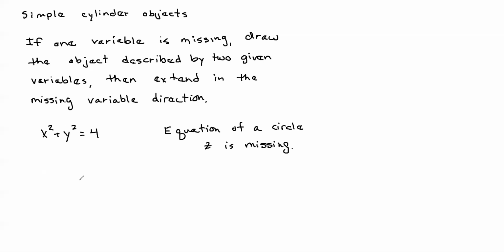And so to go through and draw this cylindrical object, we're going to draw this circle, and then we're just going to take that circle and extend it in the missing variable's direction. So let's see if we could do that.